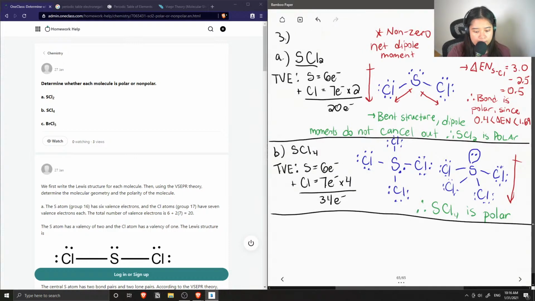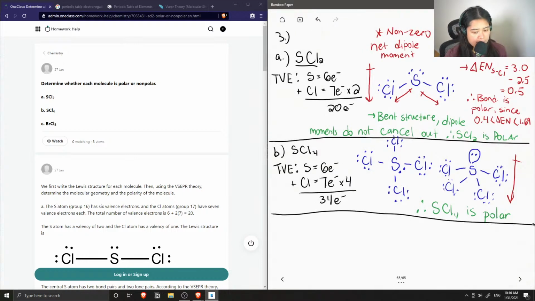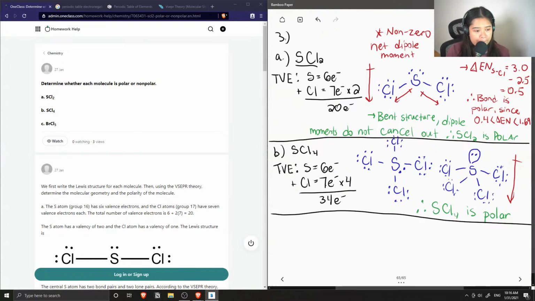So now let's look at our last structure, which is bromine pentachloride. And let's calculate the total number of valence electrons.